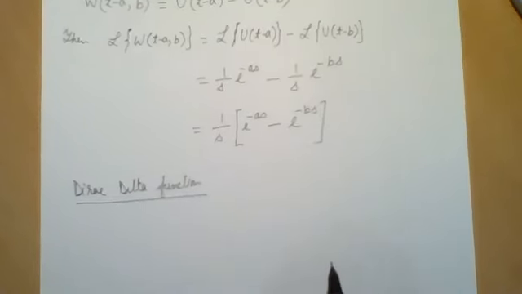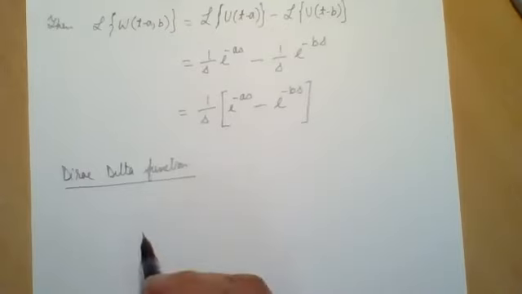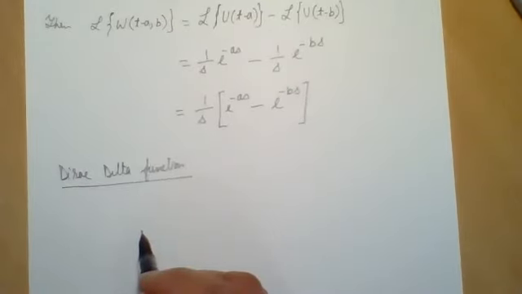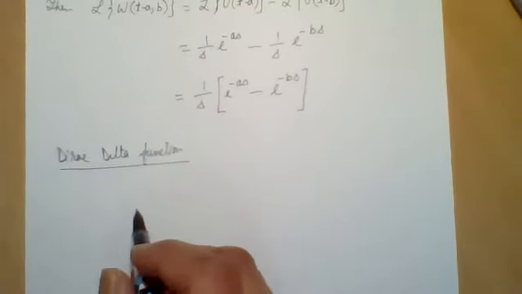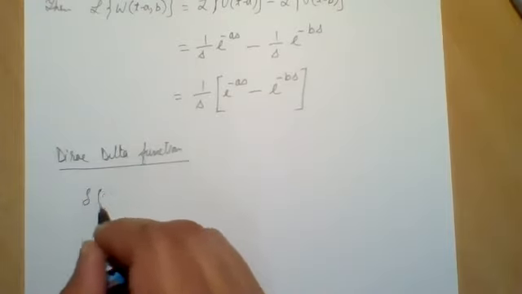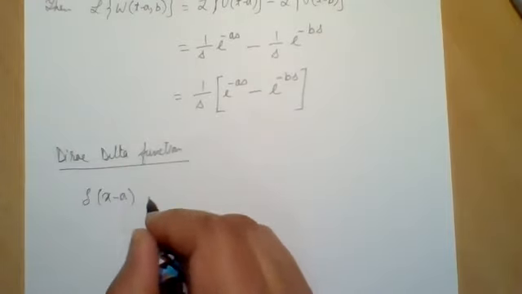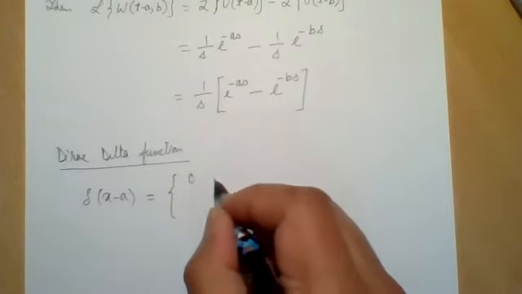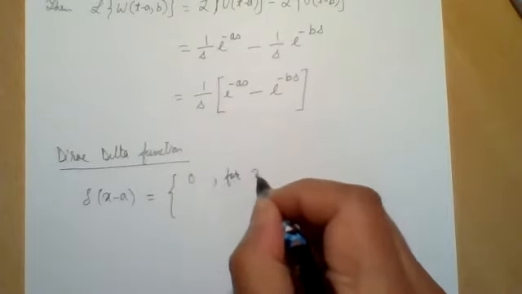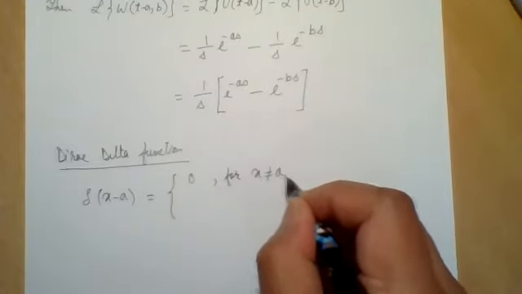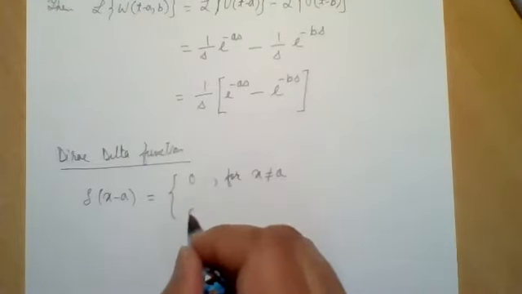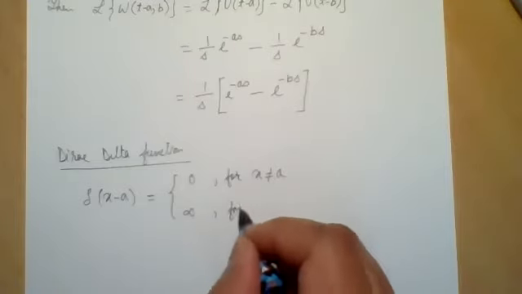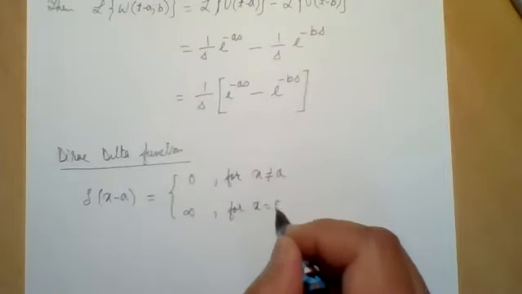The Dirac Delta function is defined through the following equation. The Dirac Delta function, δ(x − a), is equal to 0 for values of x not equal to a, and is equal to infinity for the value x equal to a.